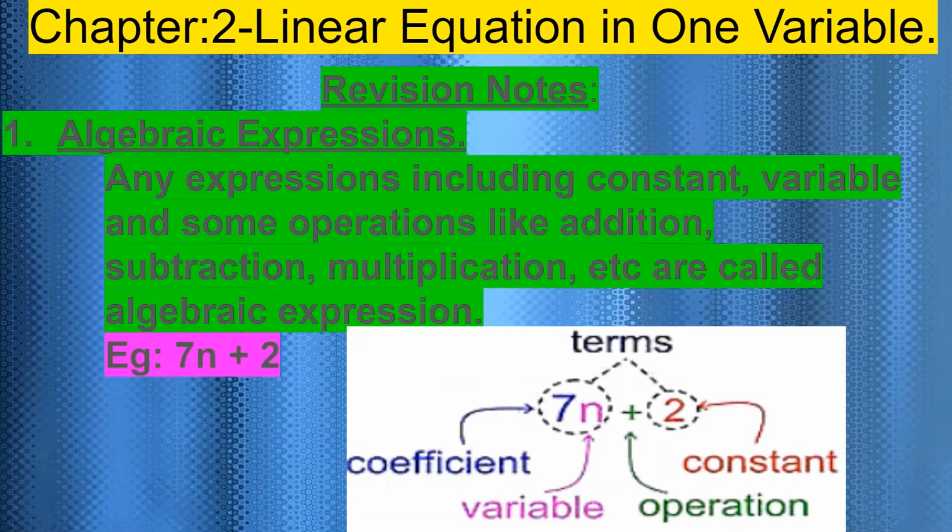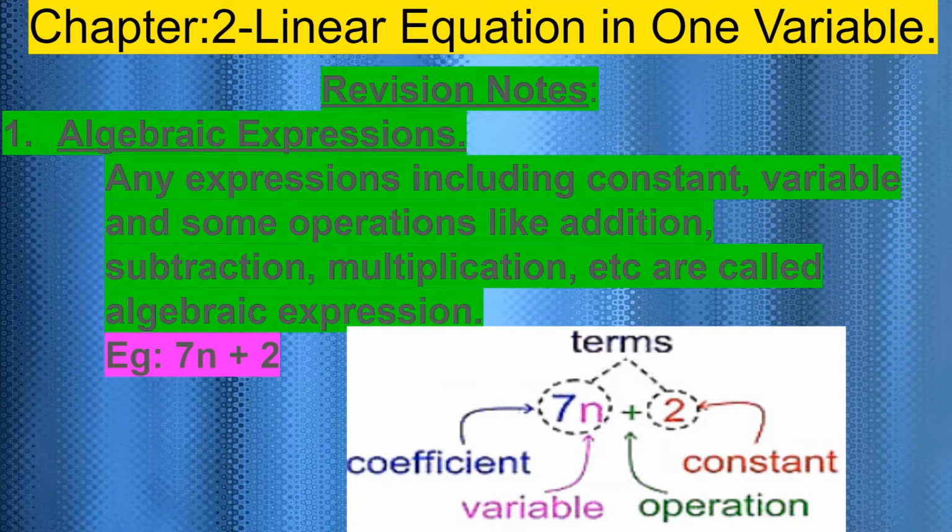Any expressions including constant, variable and operations like addition, subtraction, multiplication, division, etc. are called algebraic expression. You can see one example. Here I have written 7n plus 2.